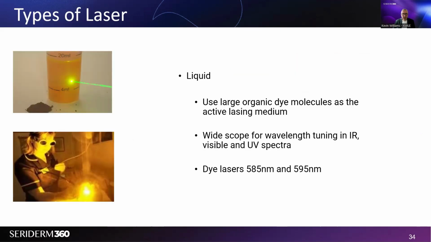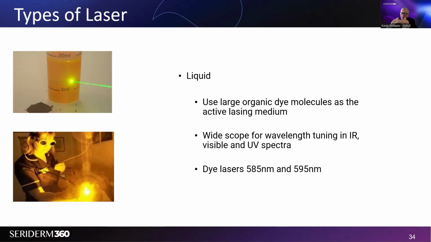And then you can get liquid lasers. So liquid lasers, the two popular wavelengths are yellow lasers, 585 and 595. Liquid lasers where you have a liquid dye, so it's organic dye molecules, normally mixed with ethanol, and you have this flowing through a tube. We put our IPL flash lamp, or we could take a flash lamp, 2,000 watts of flash lamp.